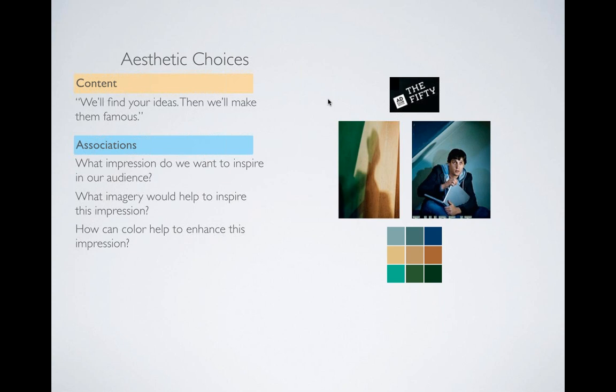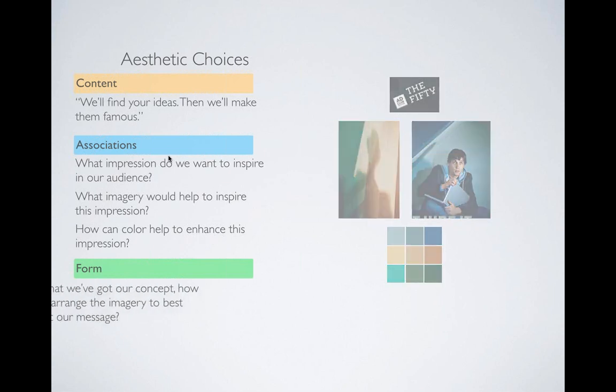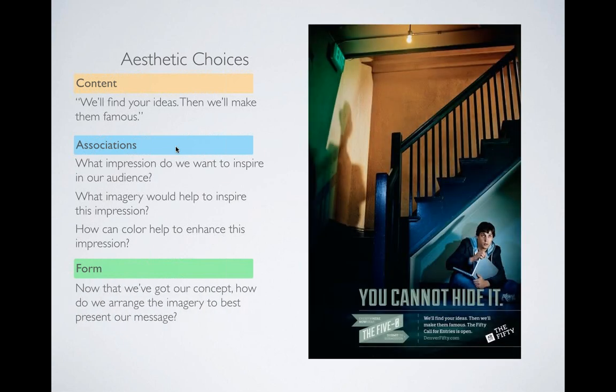I compare it often to the musical score because it's always there. You're just not always attuned to it as the audience, but it's still playing a part in what you're feeling and what you're experiencing. And finally, once those choices are made, you put it all together.